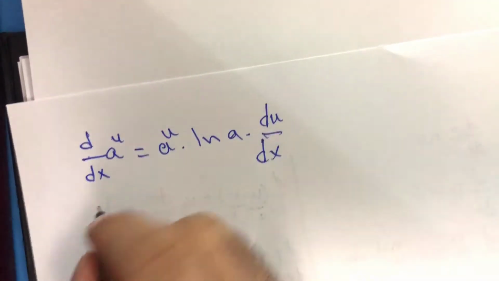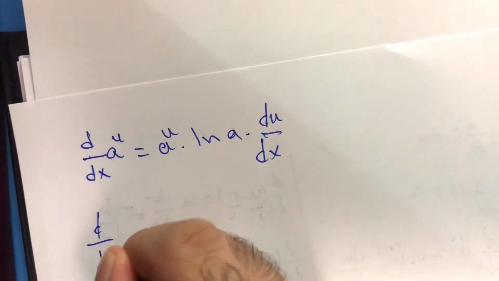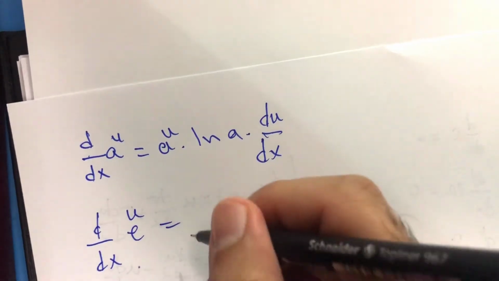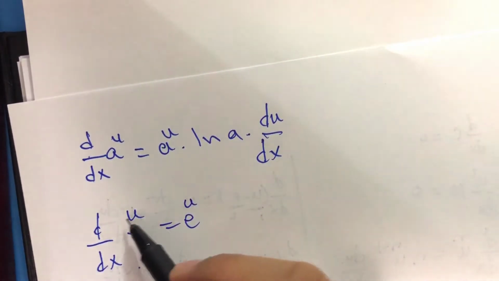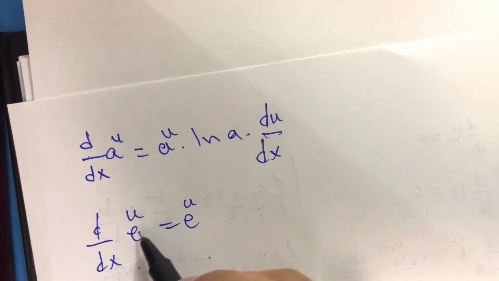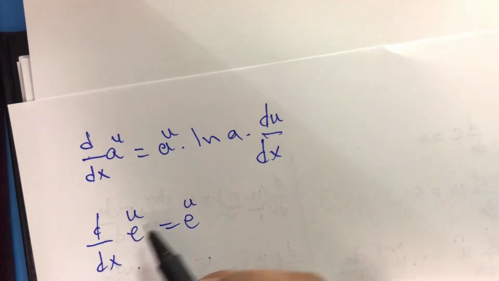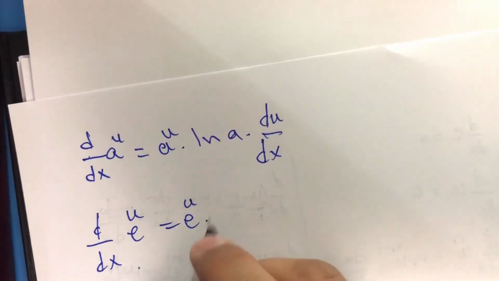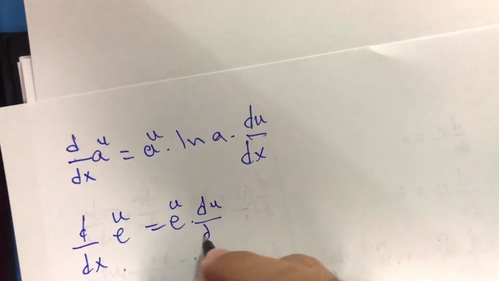And also the derivative of the exponential function, which is d by dx of e to the power u, will be e to the power u, which means that we write the function as it is given, so d by dx of e to the power u will be e to the power u multiplied by du by dx.